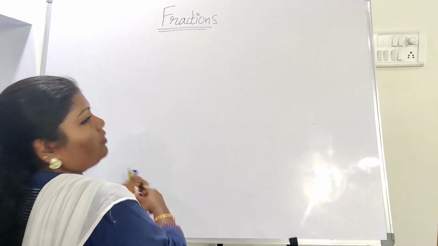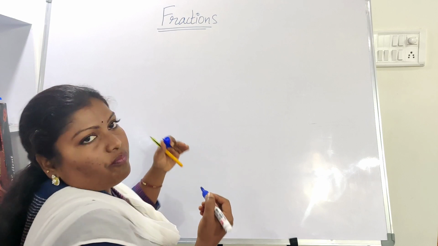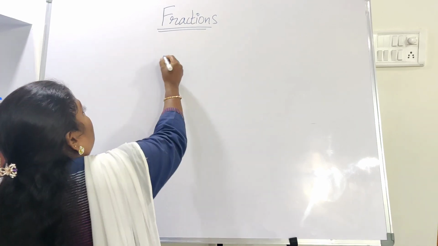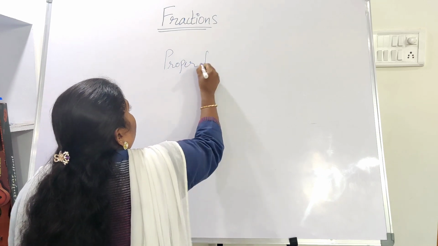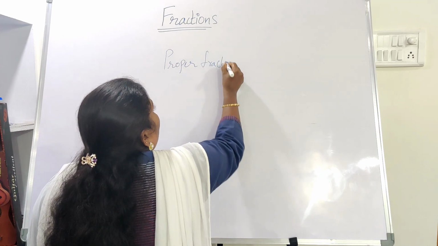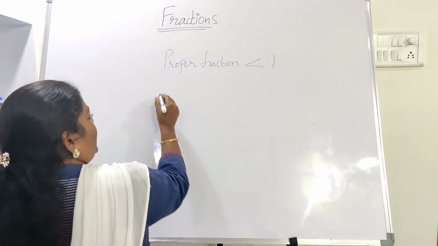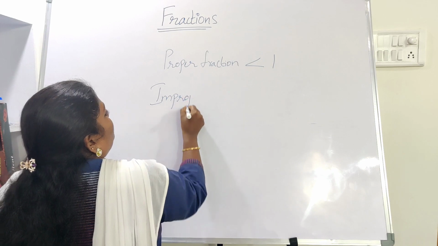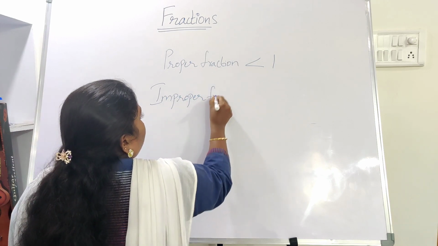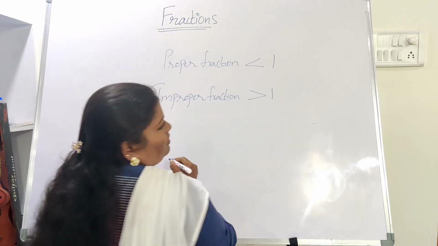Before going to the next one, I just want to differentiate between the value of proper and improper. Do remember, the proper fraction value is always less than 1, whereas the value of improper fraction is always greater than 1.